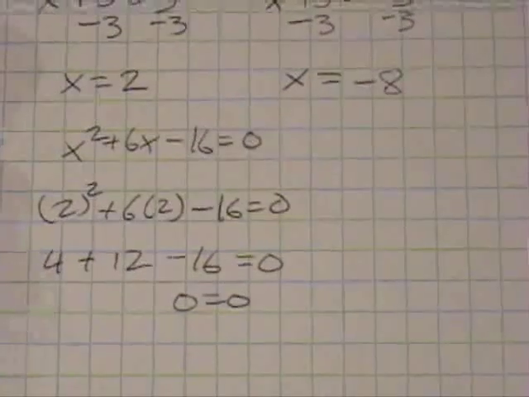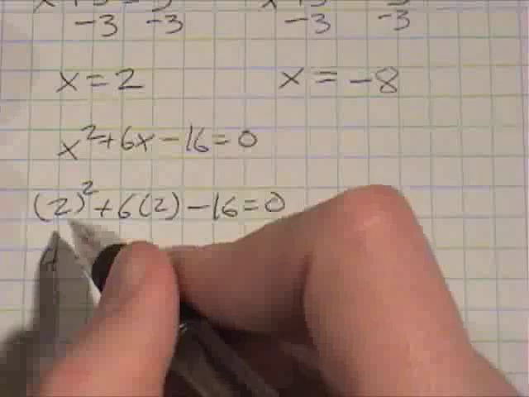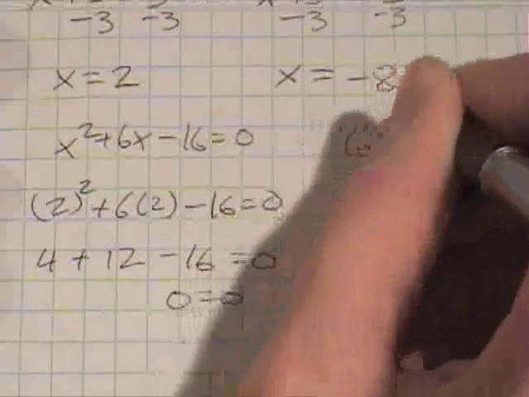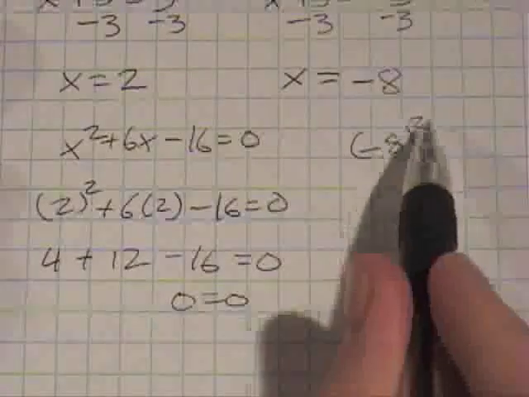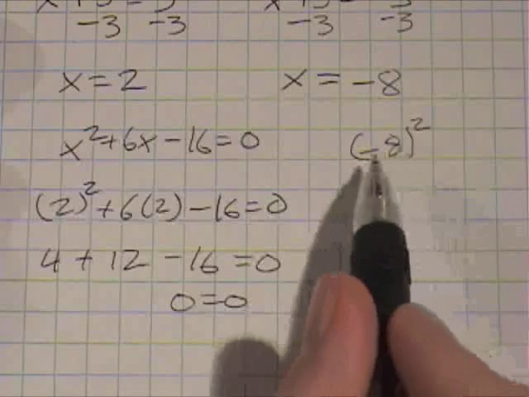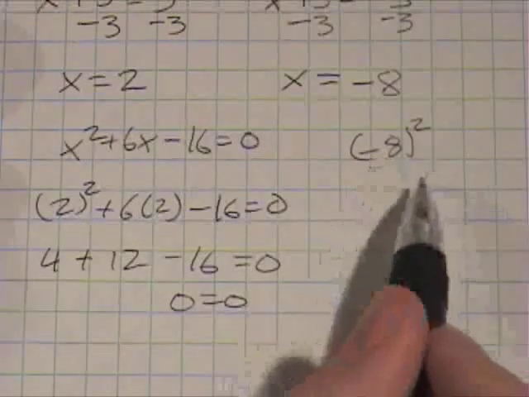Plug in negative 8. Remember, the negative sign has to be within the parentheses, because when we apply the exponent to it, it's going to change it. It's going to be negative 8 times negative 8, which is a positive number.